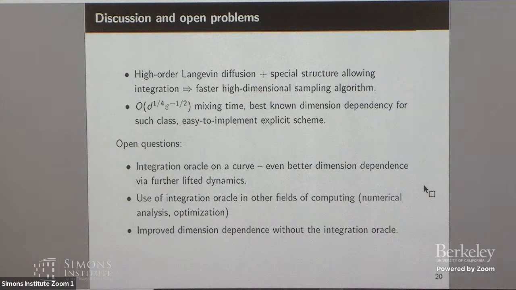And there are a lot of open questions if we want to pursue further research on this line. First, it is natural to ask, third order Langevin diffusion gives you d to the 1/4. If we do fourth order, fifth order, can we do something even better? My conjecture is that it requires integration oracle along a polynomial curve instead of a line segment.